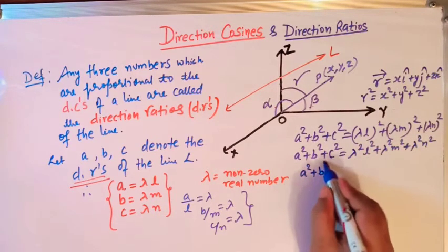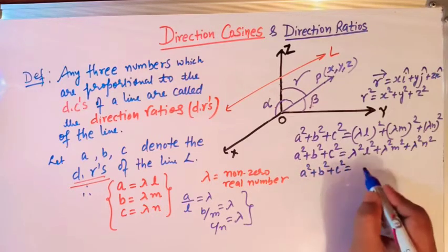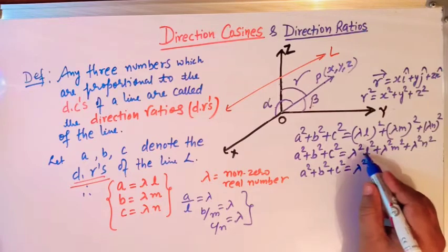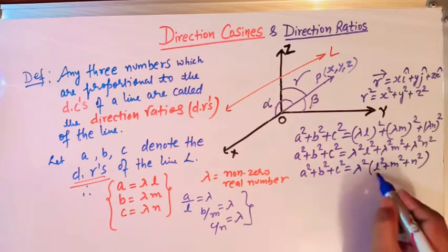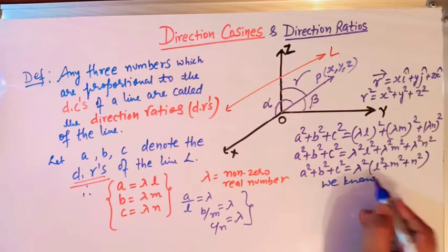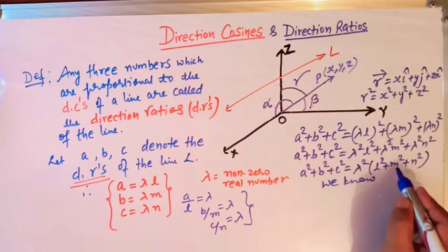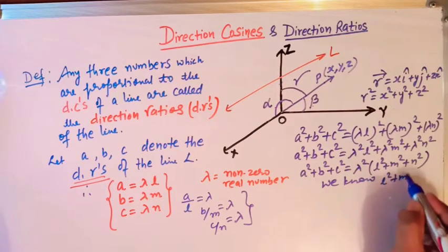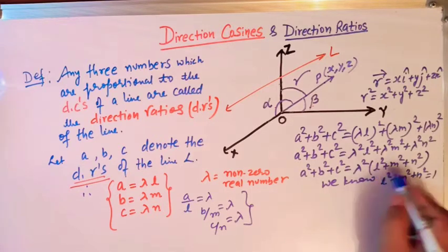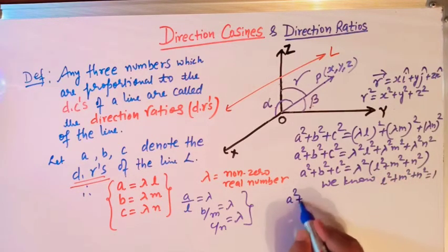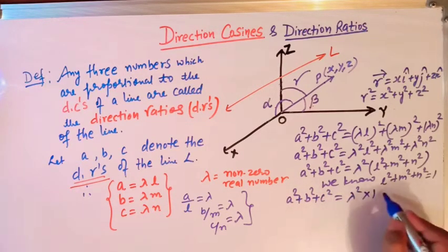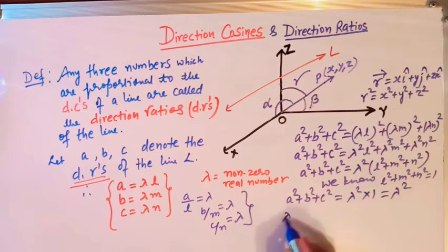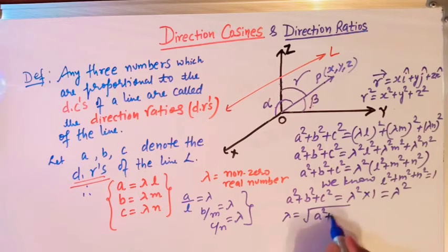So this can be written as a square plus b square plus c square, then we have lambda square common, so we have L square plus M square plus N square. Now we know that the sum of the squares of direction cosines is equal to 1, so L square plus M square plus N square is 1. So if we substitute here 1, we have a square plus b square plus c square is equal to lambda square times 1, that is lambda square, or lambda can be written as square root of a square plus b square plus c square, right?